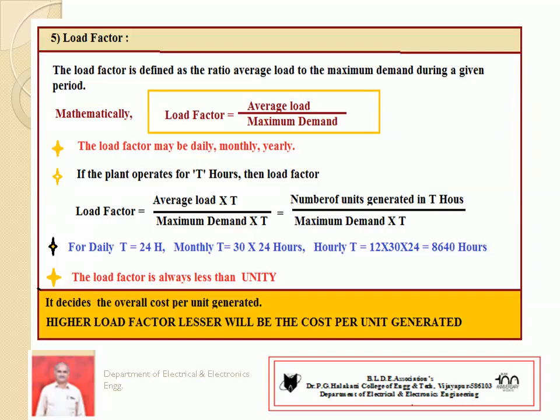Hence, we have to keep a minimum benefit to the supplying or generation authority. Hence, how we fix it depends upon load factor. If the plant has a high load factor, then the cost of generation becomes less, say 4 rupees per kilowatt hour. If the load factor is very low, then the cost per unit increases. This is the idea. Understand, friends?